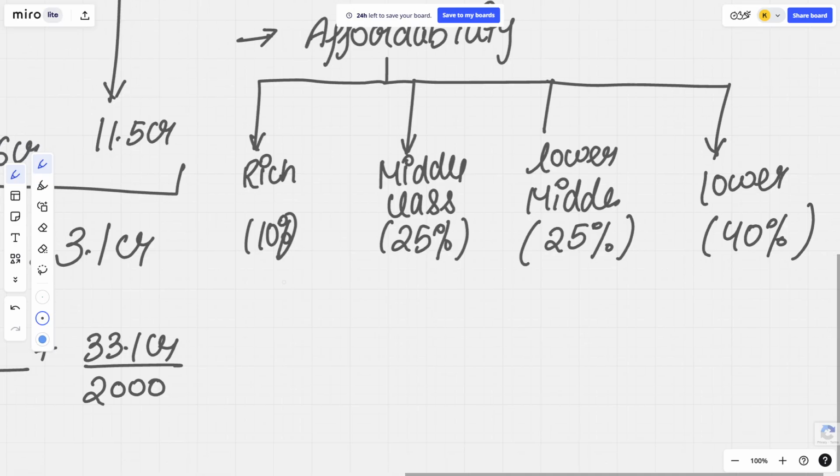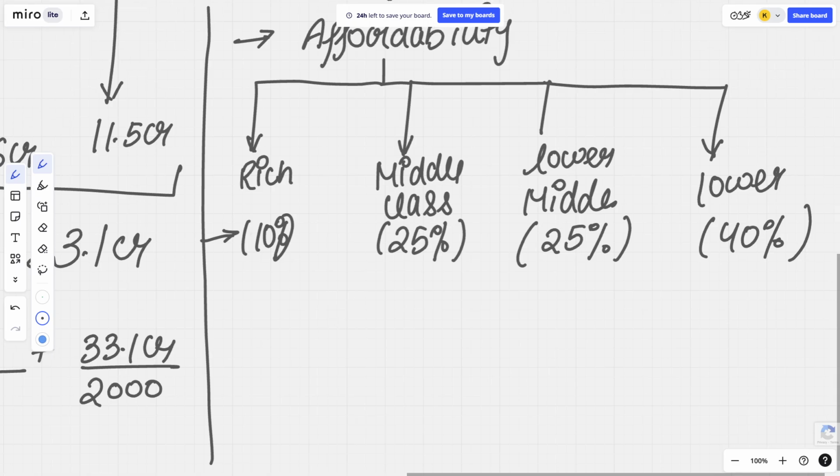Now, how many users can actually afford it? I have divided the population by these classes. Now I will be doing the affordability test. So 100% of the rich people can afford an iPhone, which is right. Let us suppose that middle class can also afford an iPhone.